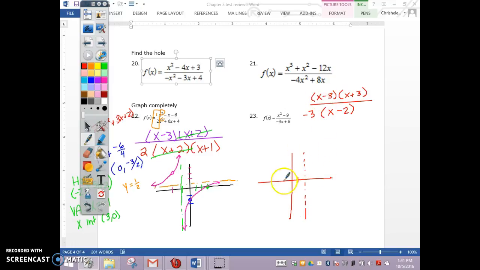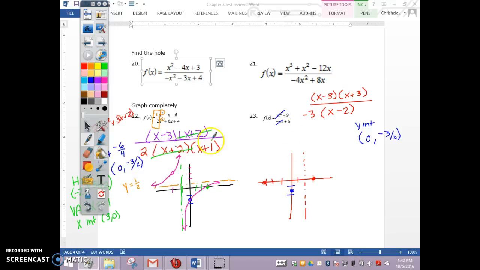I have intercepts at 3 and negative 3. To find my y-intercept, I plug in 0. So my y-intercept is at 0, negative 3 over 2. So that's here. No holes, we said.